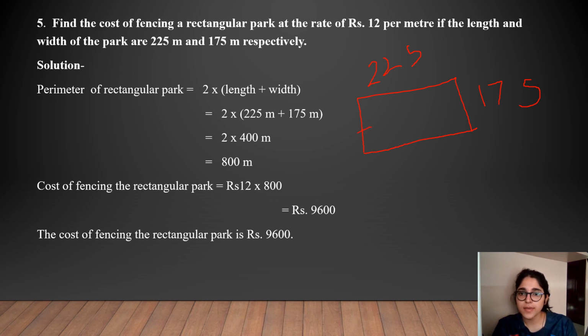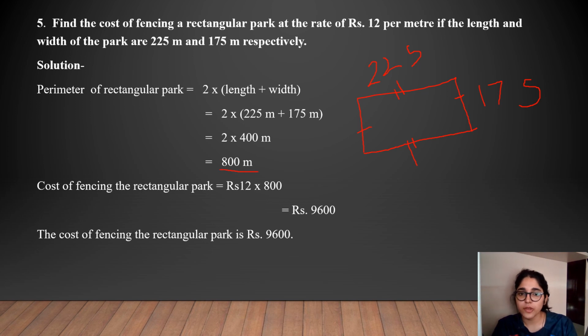So we directly substitute the value over here. First we write the given information, which is the length and the breadth. The length of the rectangular park is 225 meter, the breadth is 175 meter. Then we find the perimeter of the rectangular park, which is 2 multiplied by length plus breadth, and then we find the value of the perimeter.